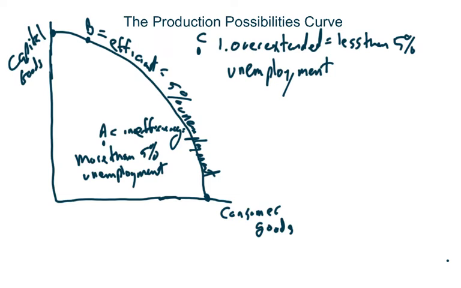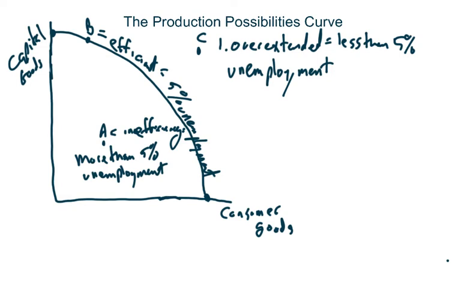I know it sounds cruel, but we always want to have 5% unemployment. If we have less than that, it starts causing problems for everyone, like inflation. No one wants to talk about inflation, especially right now, since it's especially bad. So if we have less than 5% unemployment, we would be overextended, and that is not good for the economy.